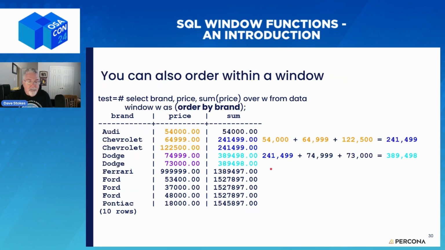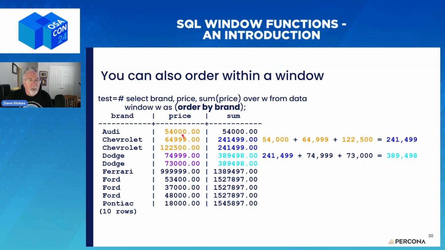Now, something else you can do is you can put in order commands inside your window. This one is window W, order by brand. So you see that we have our various rows and they're ordered thusly. And what we're doing is we're summing by brand. Whoops, hold on. Audi is 54 plus 64. Oh, 24.